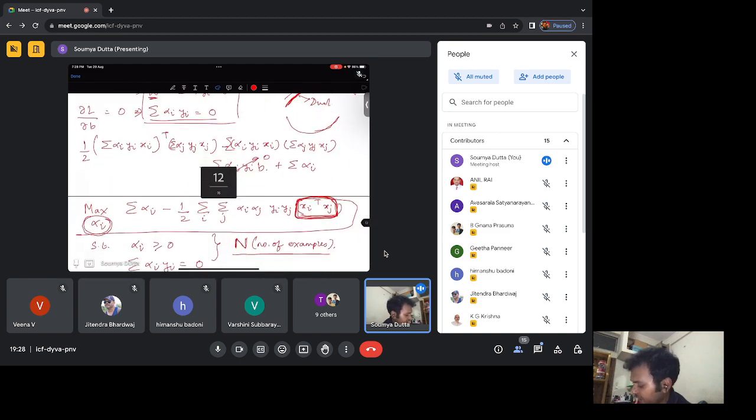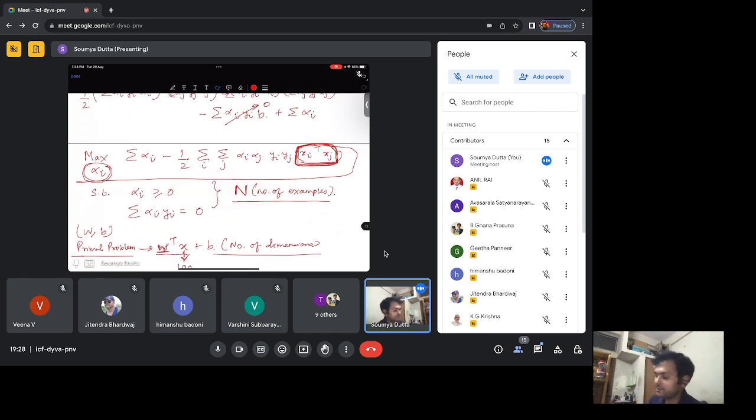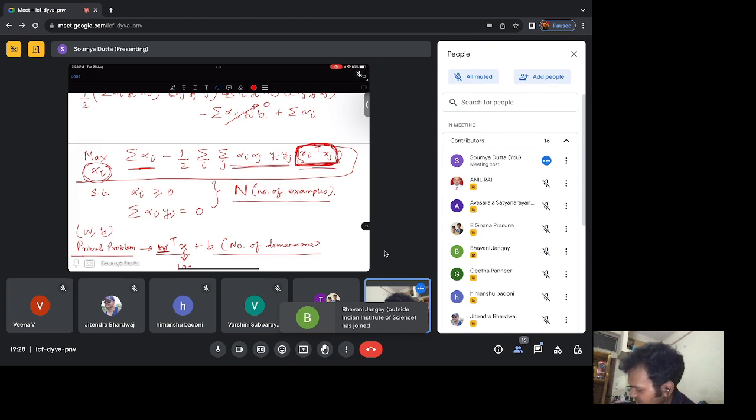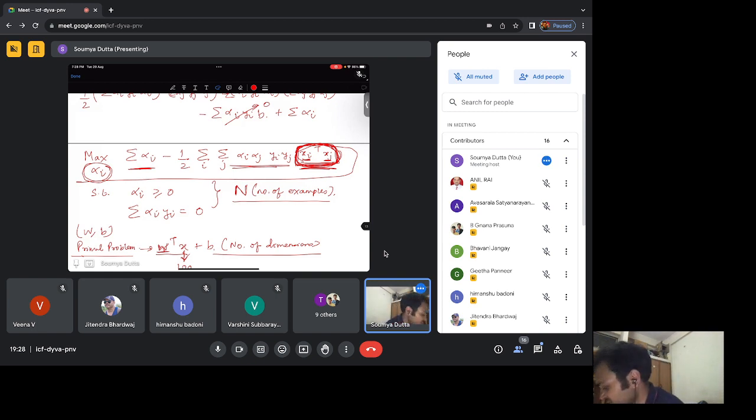Luckily enough, and that is the genius of the people who solved this problem, they found that in the dual problem, xi appears nowhere else, it appears only here, and that too all data points appear in the form of dot products. So in place of xi, you take your kernel functions, you do this dot product, and that is equivalent to a dot product in the high dimensions.